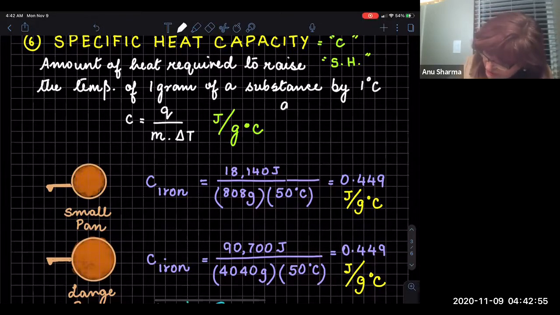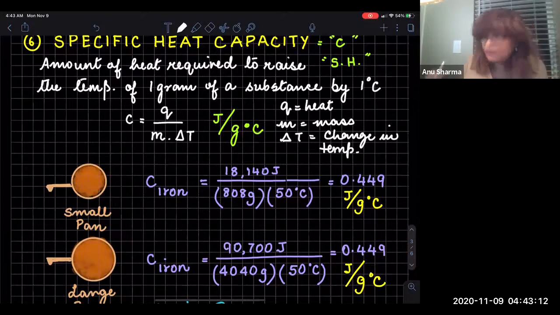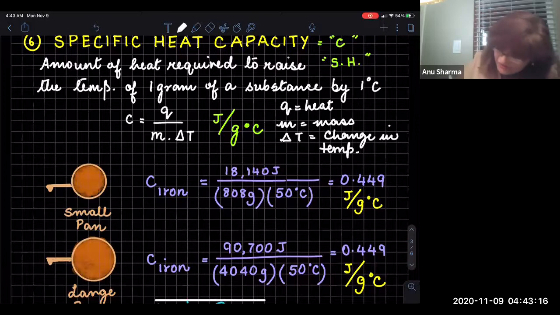I'm going to just write down here: Q is the heat, M is the mass of the substance, delta T is the change in temperature, and C stands for specific heat.